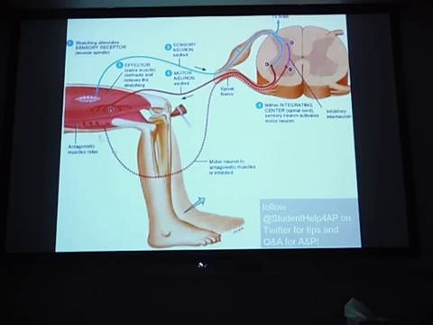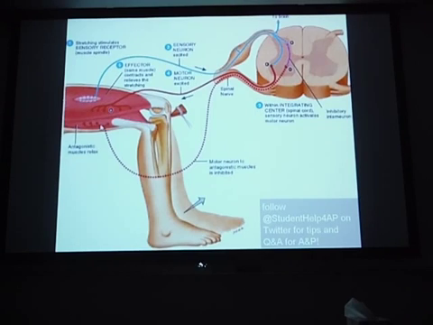This motor neuron innervates the hamstring muscles, which are the antagonist of the quadriceps. If this motor neuron is inhibited, it will prevent the hamstring muscles from contracting. What that does, that makes it easier for the quadricep muscles to contract because the opposing muscle is forced to relax.